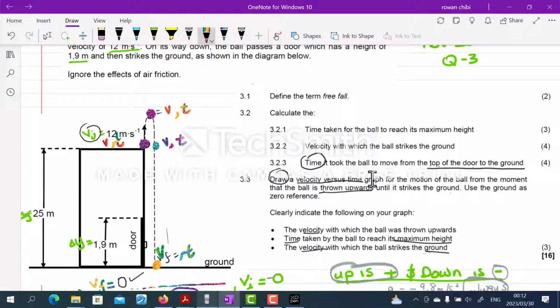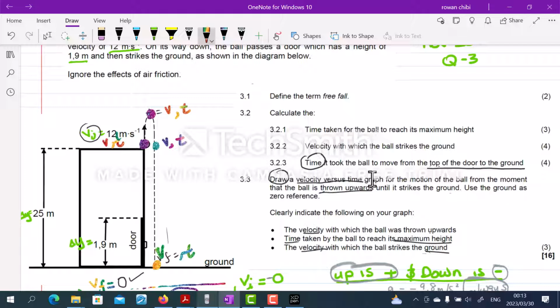Point number 1, when it started, what was v, what was time? Point number 2, when it reaches the top, what was v, what was time? Then when it comes down to the same point it started but in the opposite direction, what was v, what was time? The last point is when it strikes the ground, what was v, what was time? So we want to know these 4 points. Let's look at point number 1.